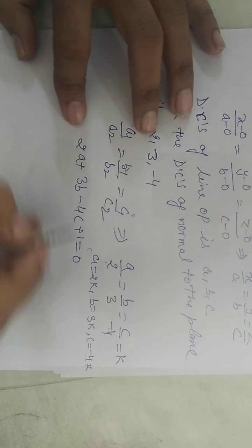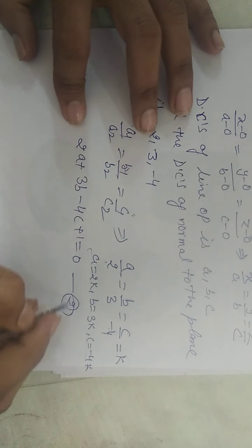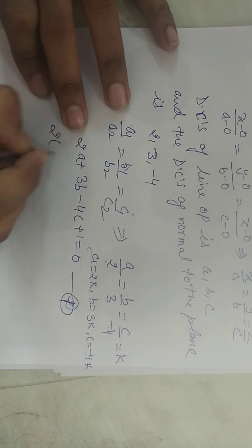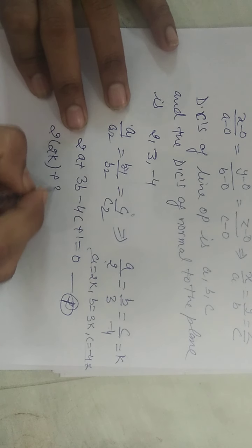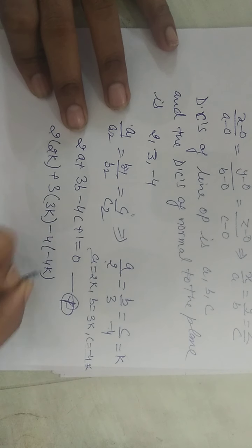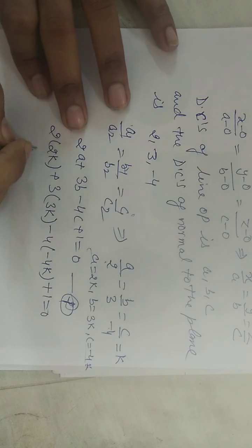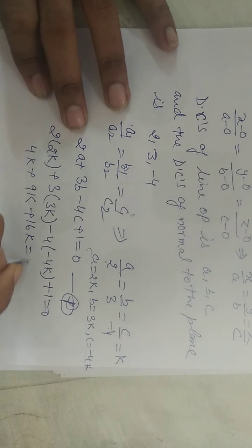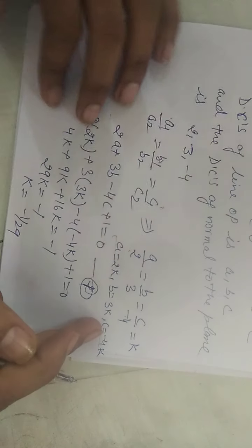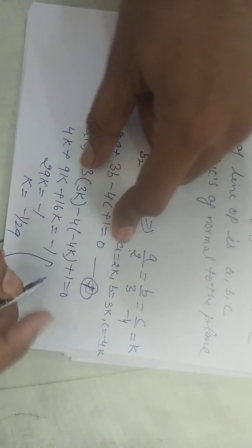These values are put in the equation number 1, and we find the value of k. So 2 into 2k plus 3 into 3k minus 4 into minus 4k plus 1 equal to 0. So 4k plus 9k plus 16k equal to minus 1, 29k equal to minus 1, k equal to minus 1/29. These values are put in a, b, c to find the points.